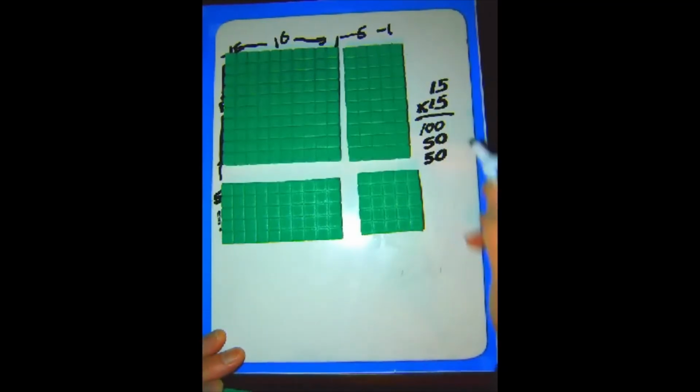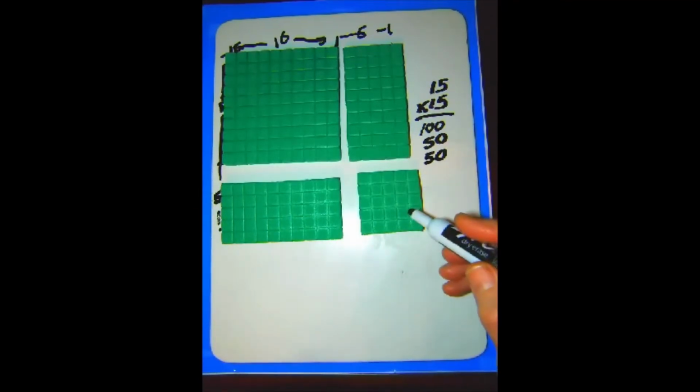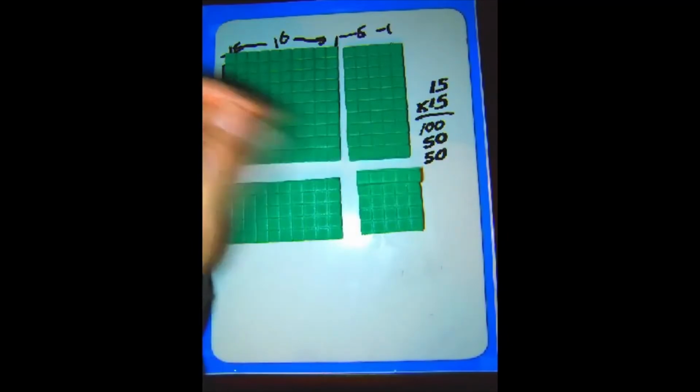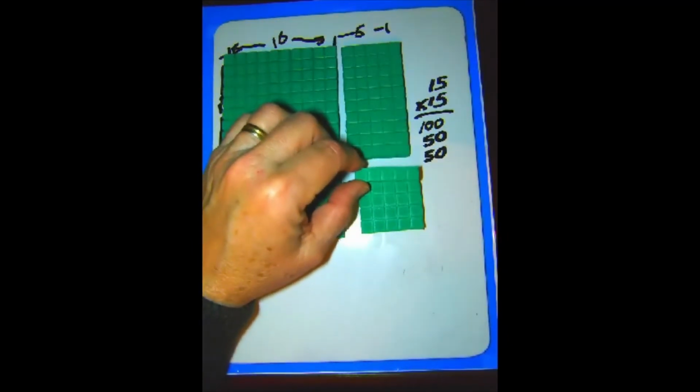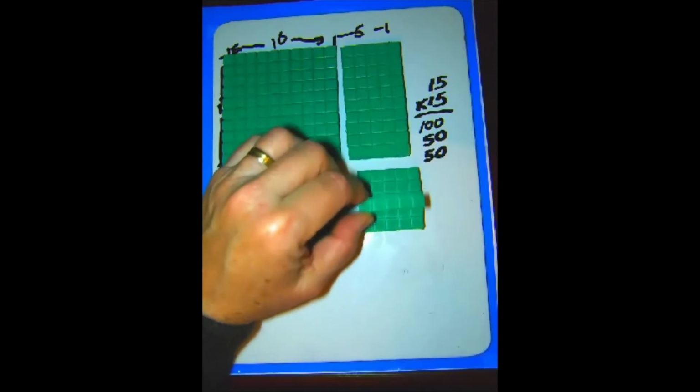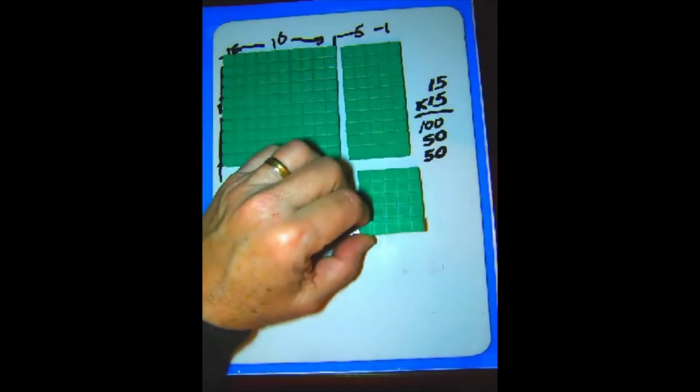There's really only one little piece left to count, and that's this little piece in the corner. And so in looking at that, we can see that it's 5 by 1. So there's 5, and if we've learned how to skip count, we can go 5, 10, 15, 20, 25.